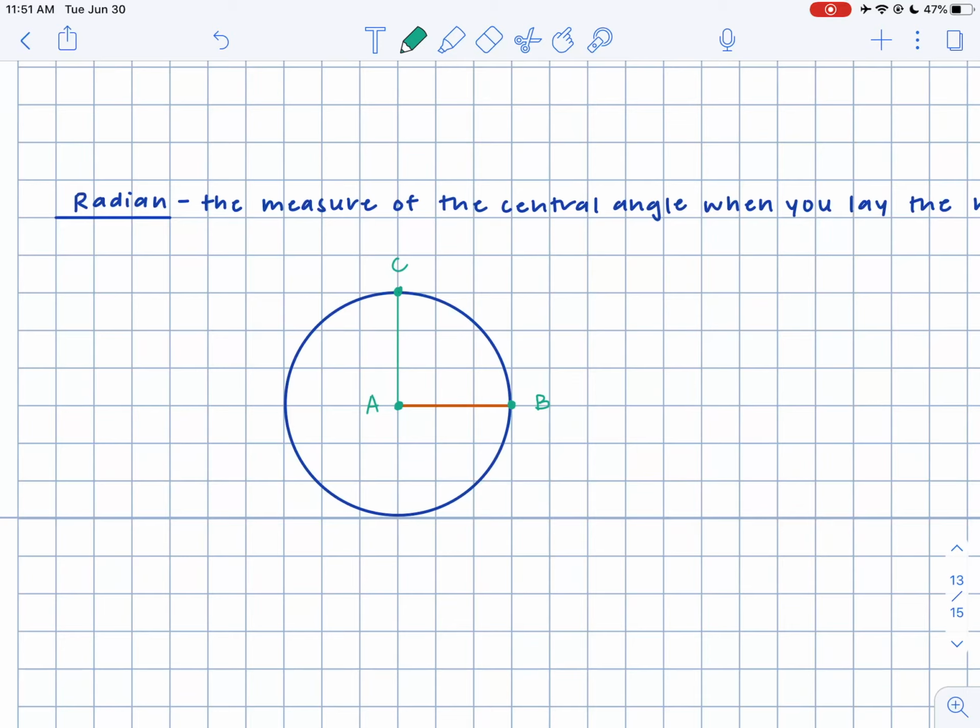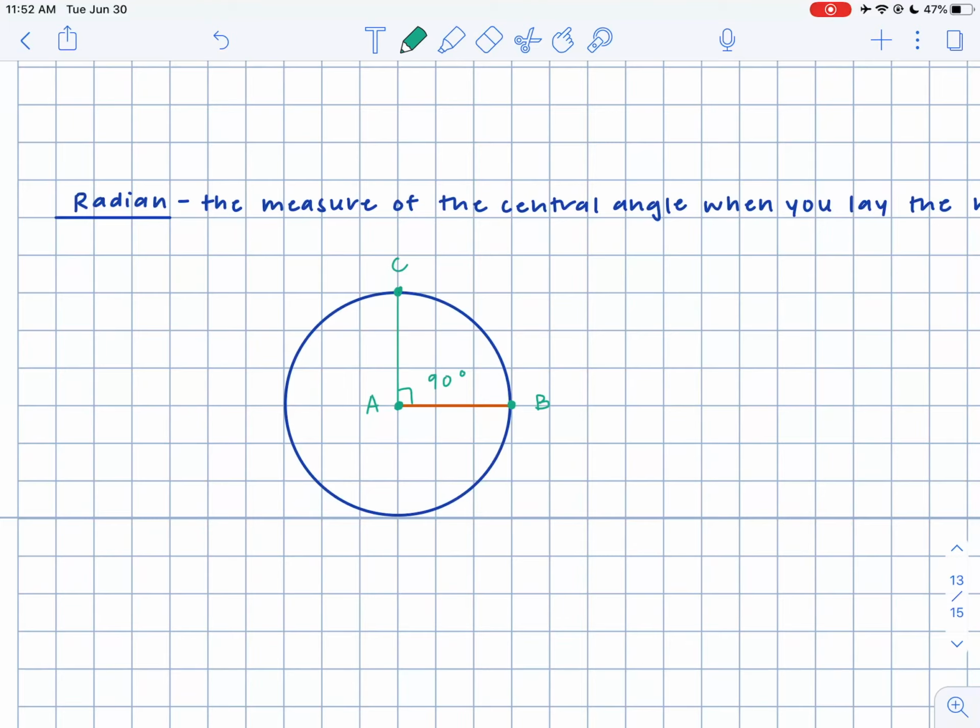So two segments, or two radii, meet and share an endpoint, and because of that they form an angle. Oops, I should be doing a square. They form an angle, and this angle is 90 degrees, where they share vertex A. They share an endpoint A, and the angle they form is 90 degrees. So when you measure angles, you can actually measure them in degrees or in radians.